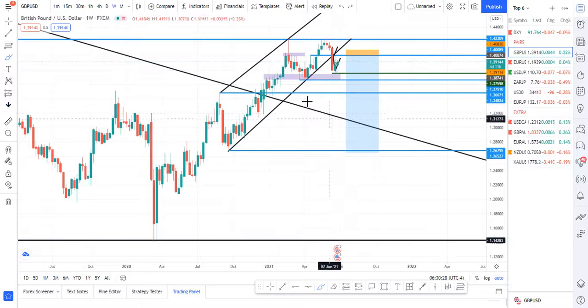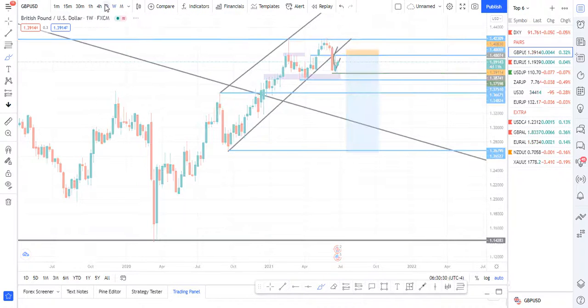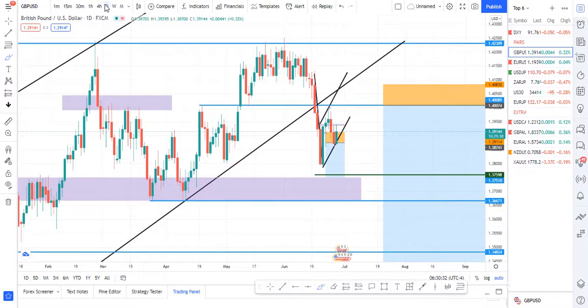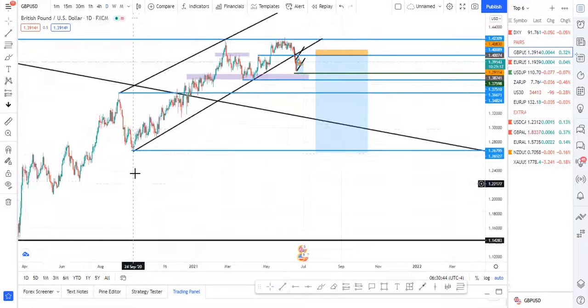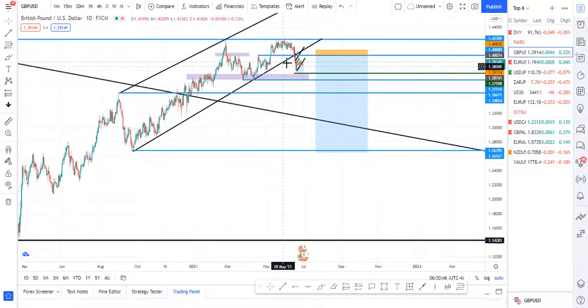So now that you see that, we're going to go to the daily to try to see the market structure properly, to be able to validate what we want to do and how we want to go about taking a trade. Then we look closer, and we realize we're in a channel. We had one, two, three touches on the support. The resistance, we have had 2 touches.